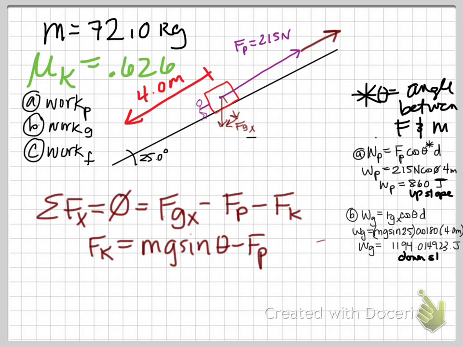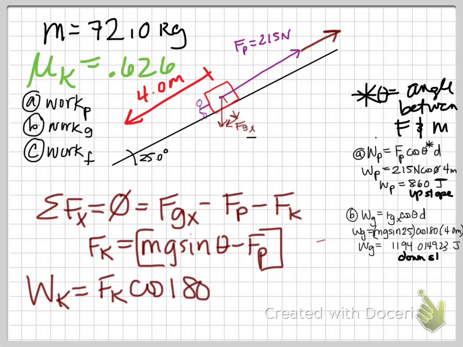Okay, so we've got fk, and the work done by the force of kinetic friction equals fk cosine. Well, friction's always going to be cosine 180 because friction is always in the opposite direction of the motion. Friction opposes motion, period. So fk cosine 180 d, and that's all we need.